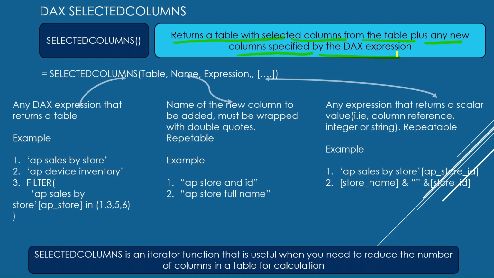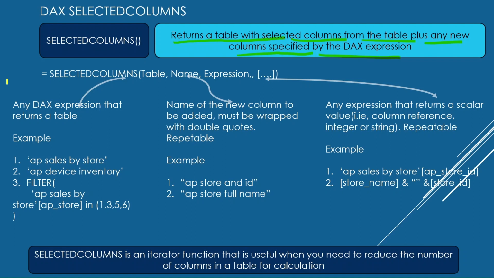So suppose there is a table, and you want to create another table by taking some columns from the existing table plus some new columns. With the help of the SELECTCOLUMNS function, we can do it.